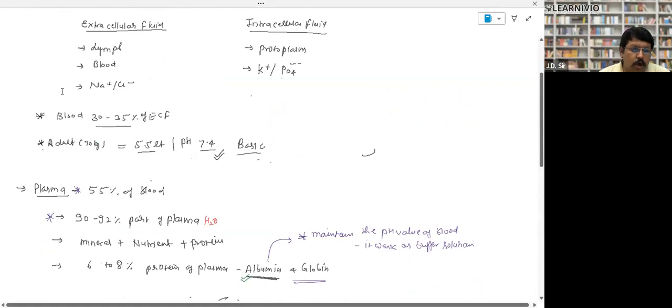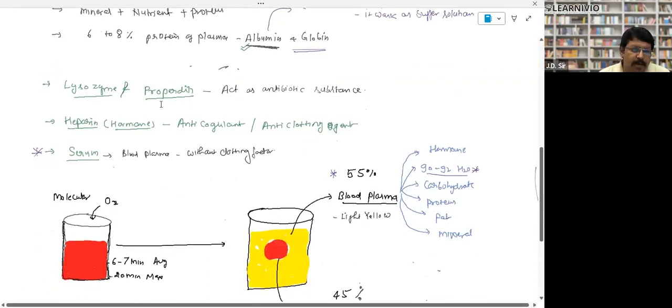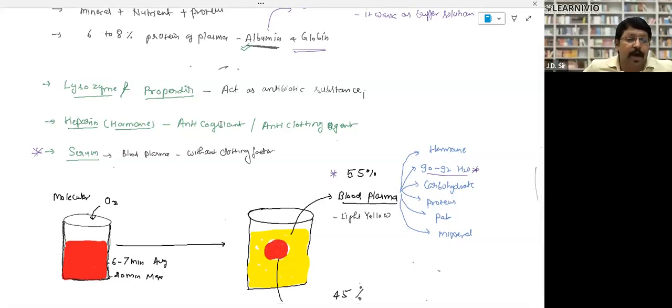So these all are components of the blood: plasma, lysozyme, properdin, then heparin. Heparin is a type of hormone. It remains dissolved in our blood. It works as an anticoagulant or anti-clotting agent. It does not allow blood to clot inside our body. Right? Why does blood not clot inside our body? Because heparin is an anticoagulant.